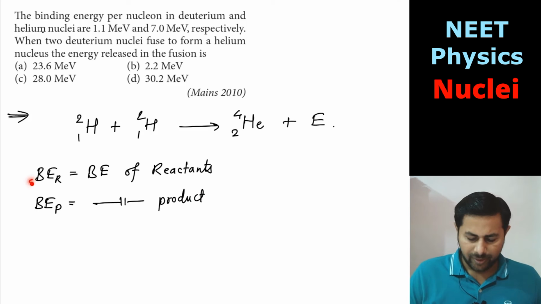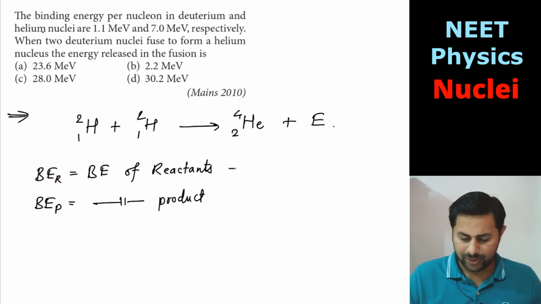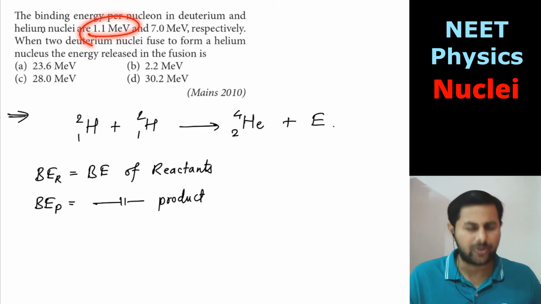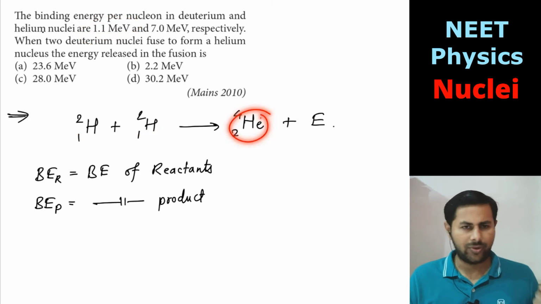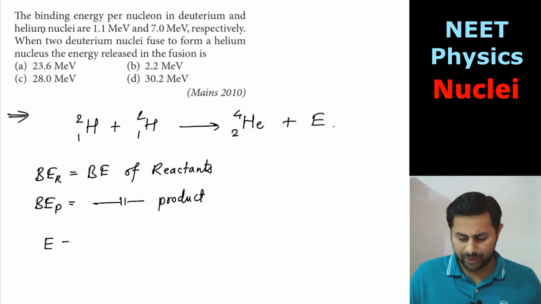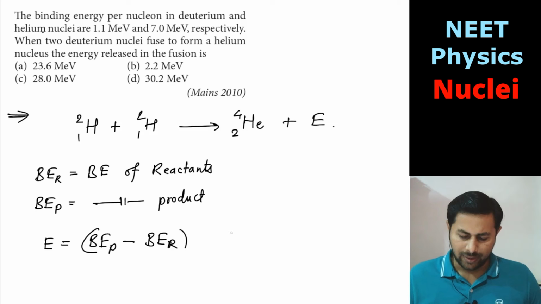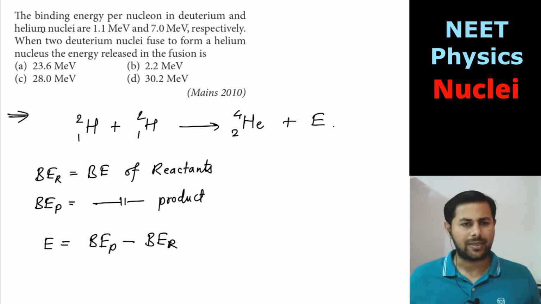So binding energy of reactants is how much? That's equal to 2 times 1.1 mega electron volt, because you have two reactants. Binding energy of product, you have only one nucleus of helium, 7 mega electron volts. So how much energy is liberated? You have a simple formula. It's binding energy of products minus binding energy of reactants.